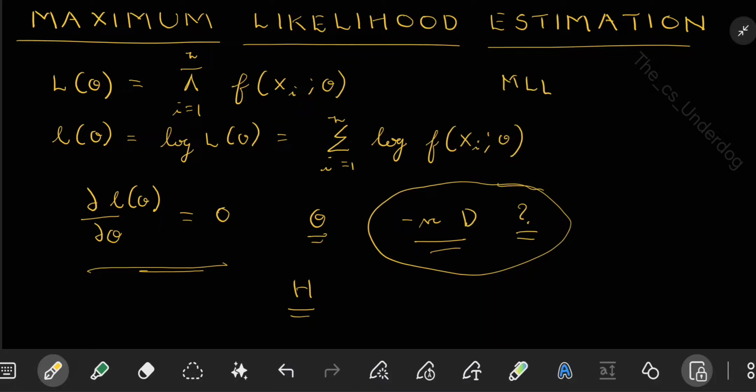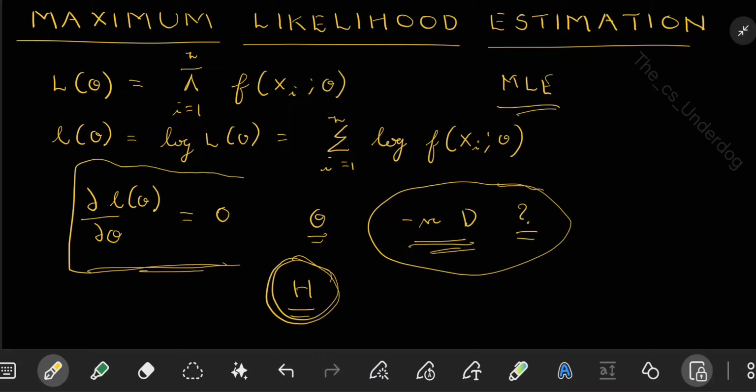For it to be the MLE, you have to make sure it is a local maxima. For that, you have to confirm that the second derivative or Hessian is negative definite. And then if you solve the first derivative equated to 0, you will get that particular value of theta, which is the maximum likelihood estimate.